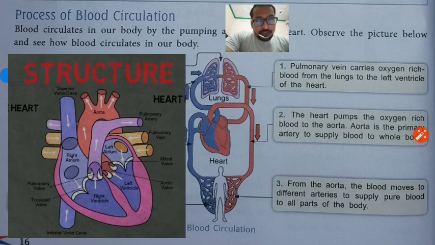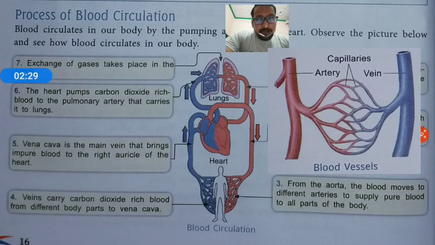So in the picture you can see the capillaries are shown. The fine capillaries perform the exchange of gases. The carbon dioxide is taken from those burnt cells into the veins.